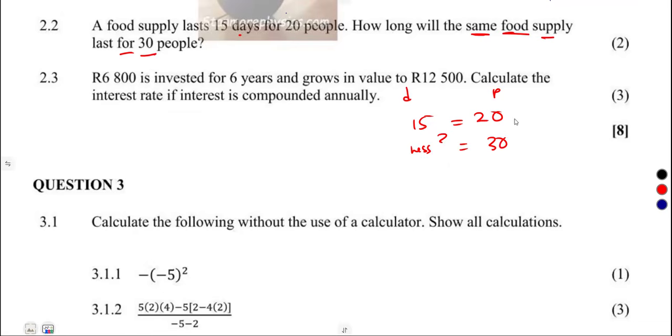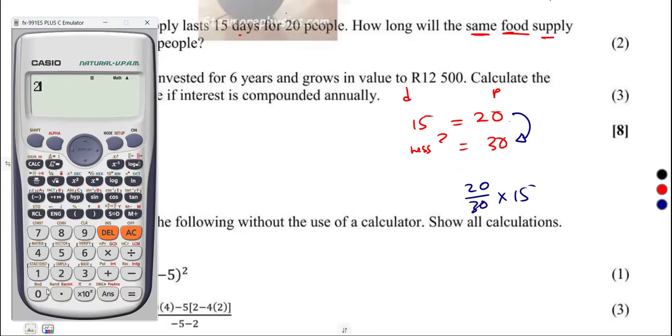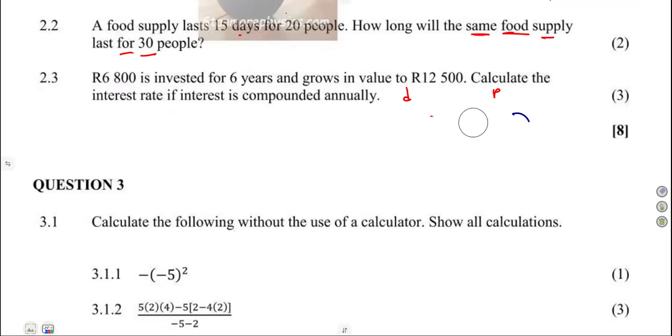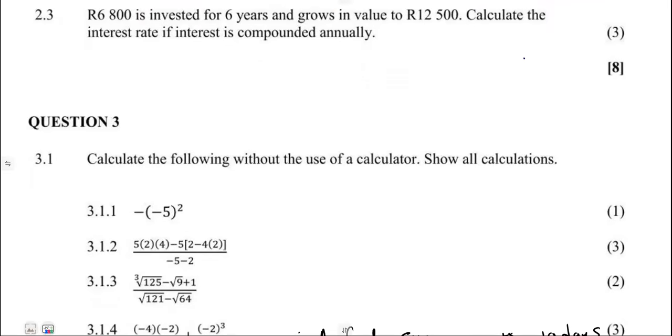You take the smaller value over the bigger value, times what you're supposed to calculate, the number of days. So it is 20 over 30 times 15. This is going to give us 10 days. So your understanding, guys, any way that you understand. All right. Let us move on to 2.3.